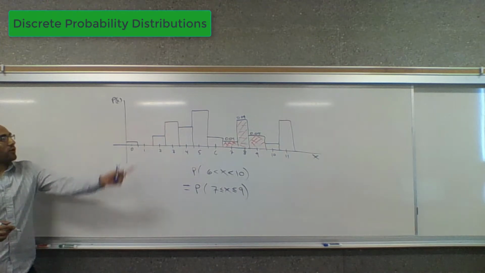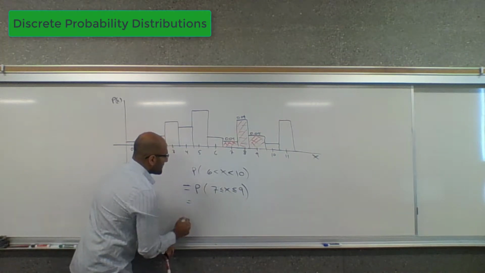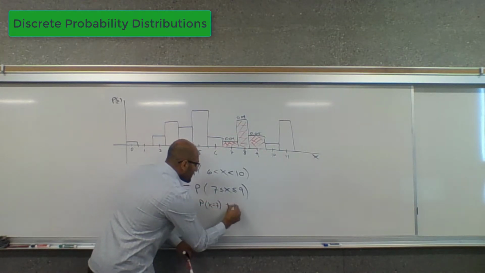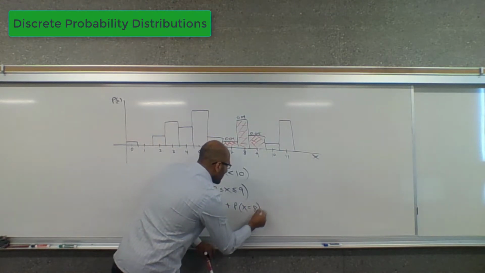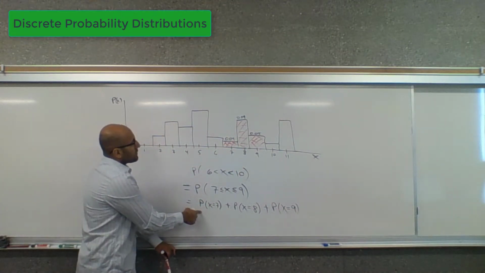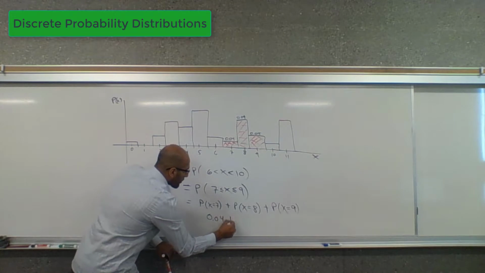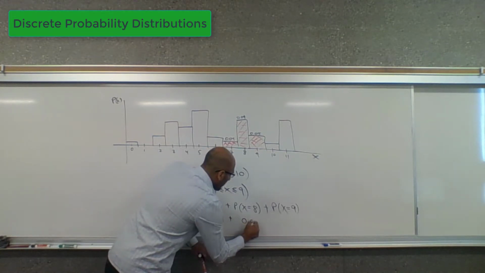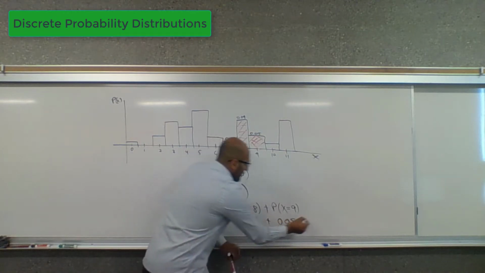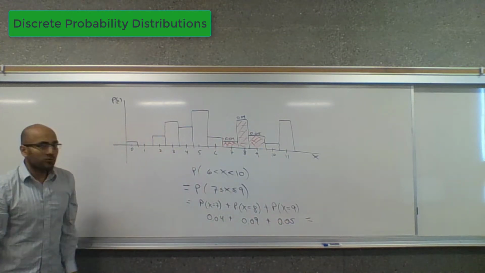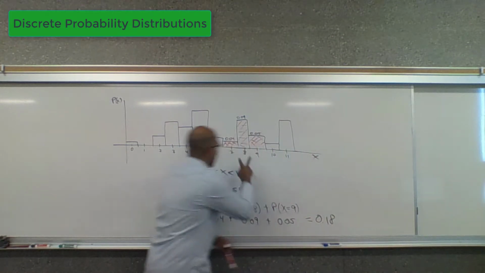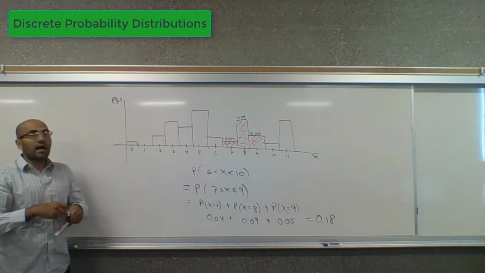Then you just add all three up, and this is equal to the probability that x equals 7, plus the probability that x equals 8, plus the probability that x equals 9. So 7 is 0.04, plus 8 is 0.09, plus this one, which is 0.05. You add them all up and you get 0.18. So there's an 18% chance that x is either a 7, an 8, or a 9.